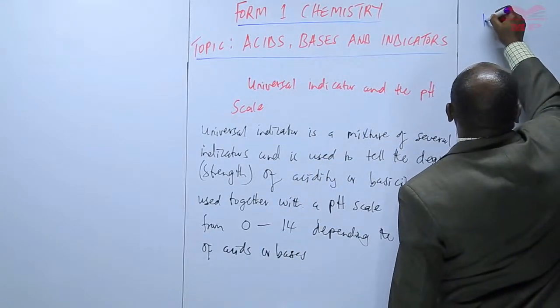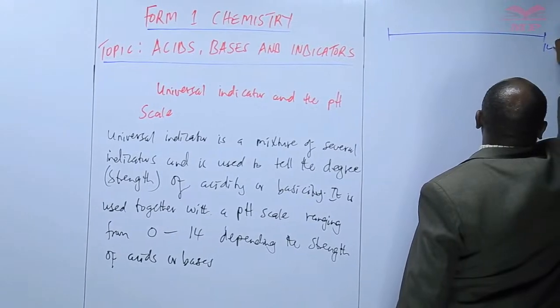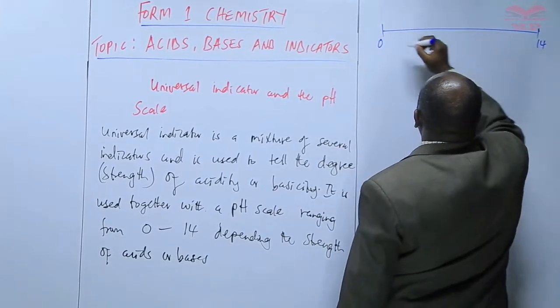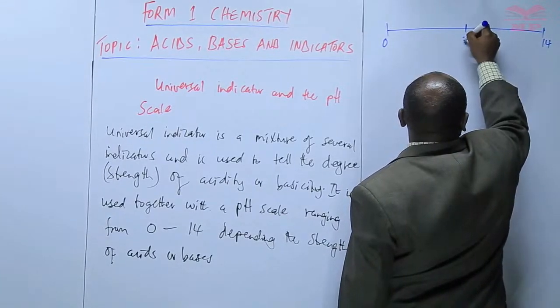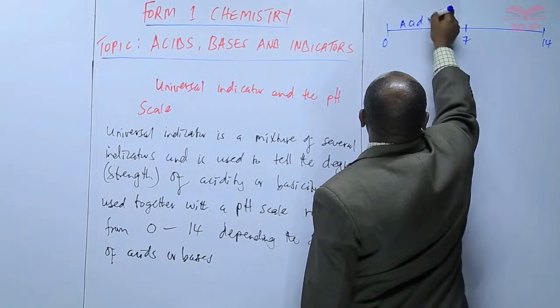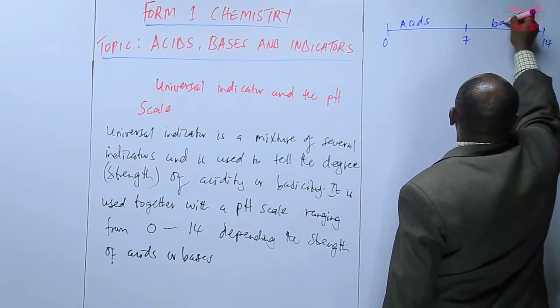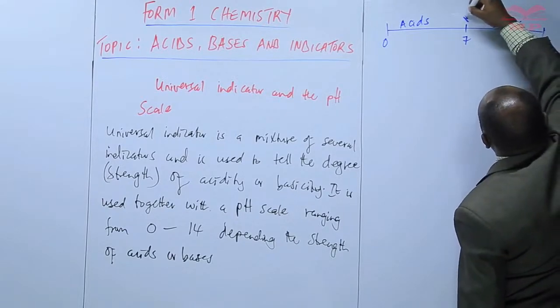It's a scale that ranges from 0 to 14. Between 0 and 7, that's the middle. Of course, here we have acids. Between 7 and 14, we have bases. And then at exactly 7, we have neutral.